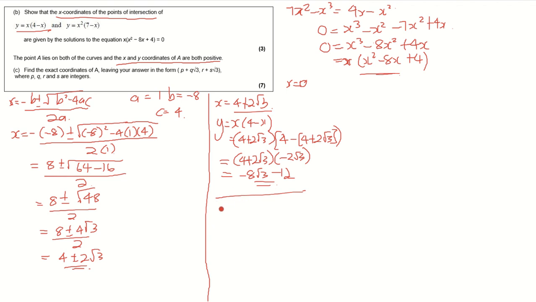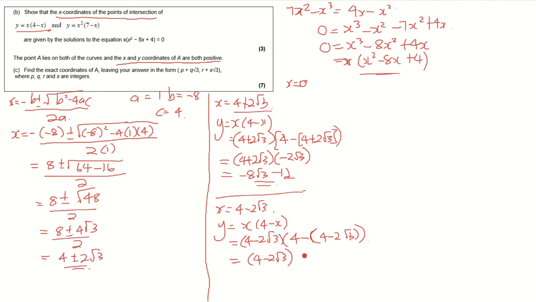Let's take x equals 4 minus 2 root 3 and see what we get. y equals x(4 minus x), so that will be (4 minus 2 root 3) times (4 minus (4 minus 2 root 3)).